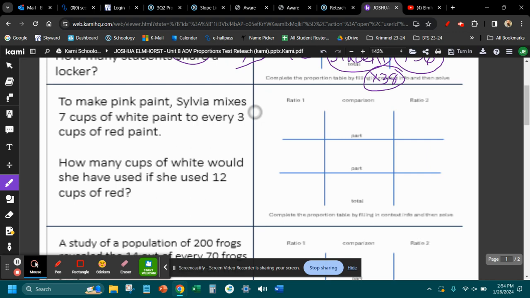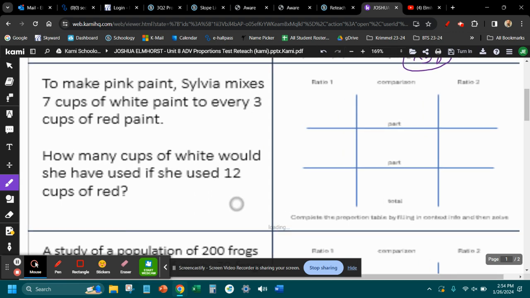Sylvia is making some white and pink or white and red mixes to make some pink. So what's the part or what are the parts being compared here? White, red, pink. So white, use the middle part to identify the comparisons that are being made.